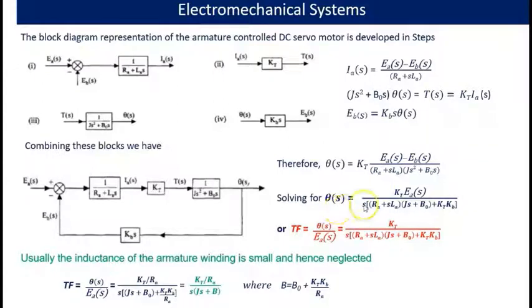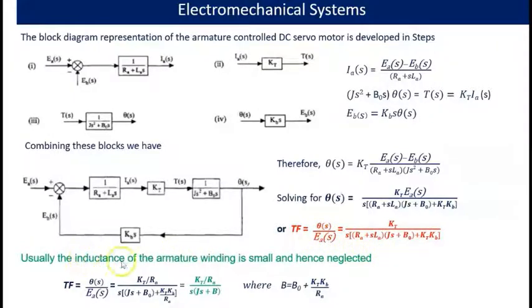Then solving for theta(S), you will get an expression like this. Therefore, the transfer function theta(S) by EA(S) is equal to KT divided by S into (RA plus SLA) into (JS plus B0) plus KT KB.